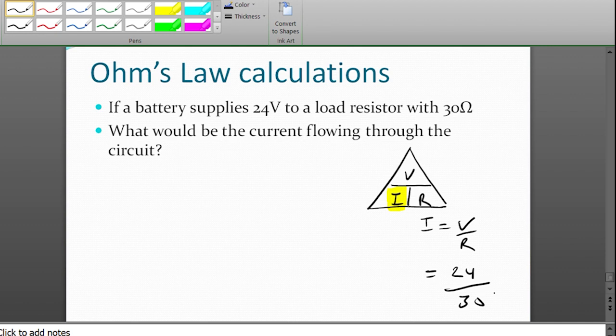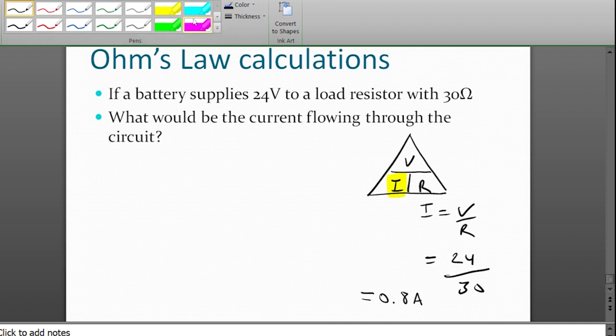Therefore, V divided by R is equal to 0.8 amperes. So I is equal to 0.8 amperes.